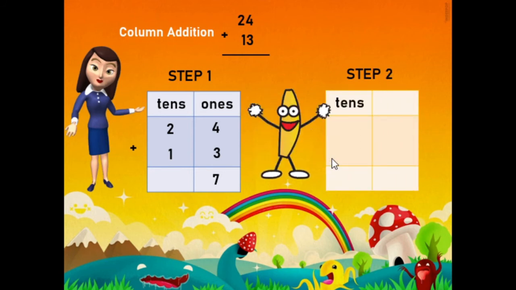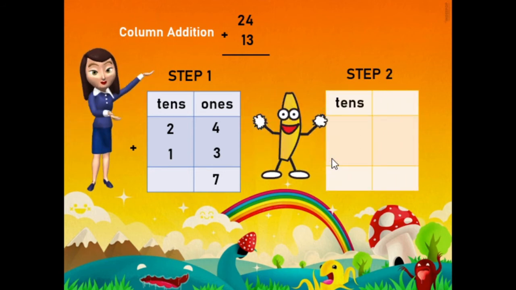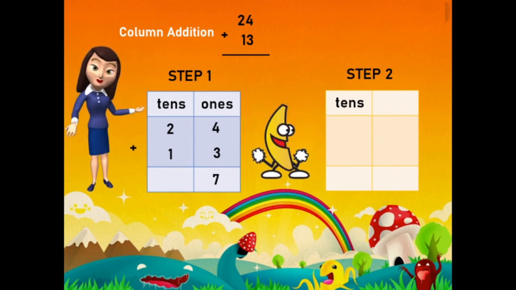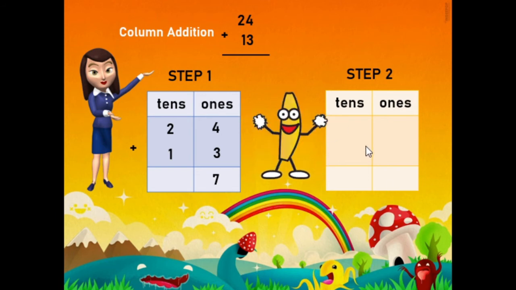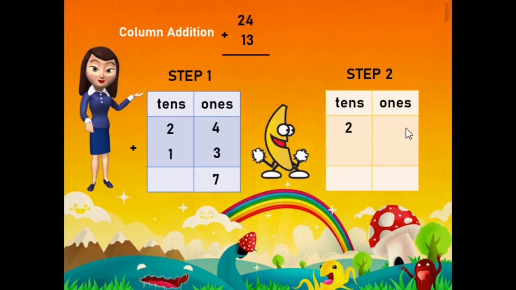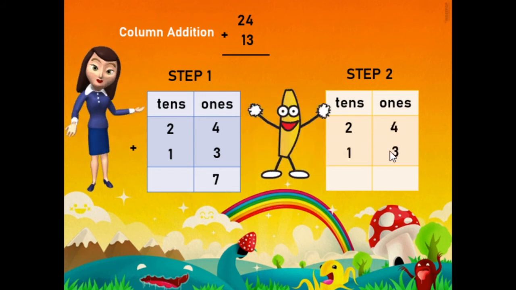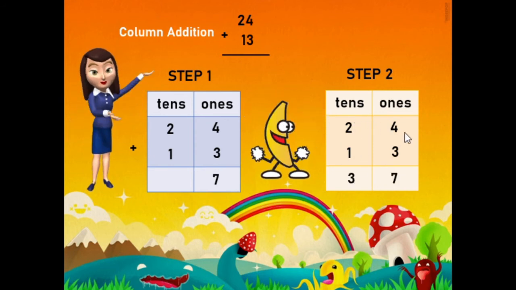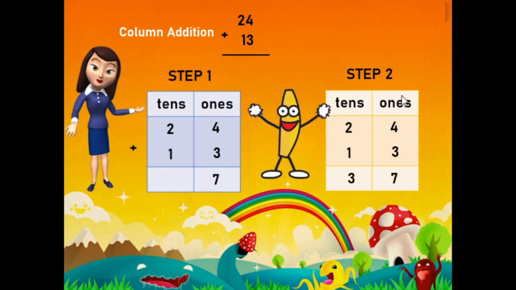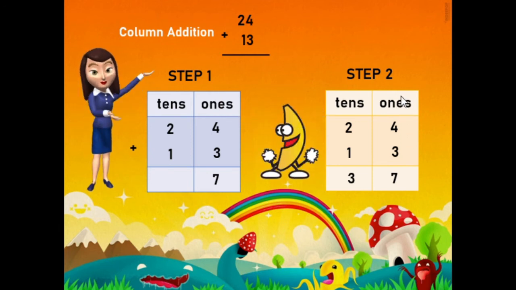When we do step 2, it looks like this. We still have to create a table with 2 columns and 3 rows and the same data as for step 1. So 2 and 4, 1 and 3, plus 7. After adding the ones place, we proceed to the tens place.